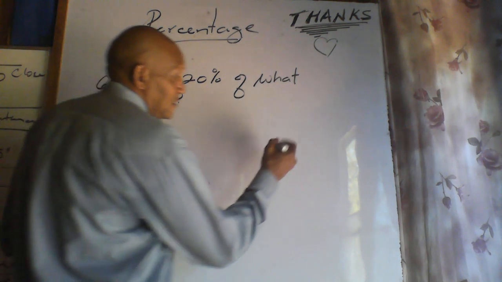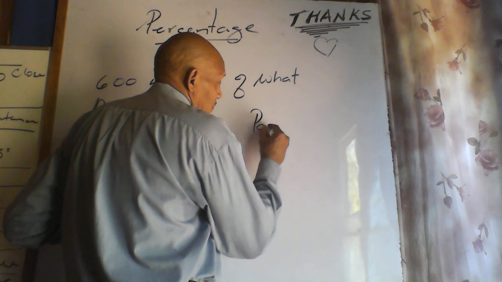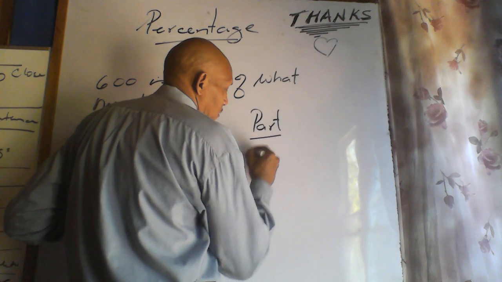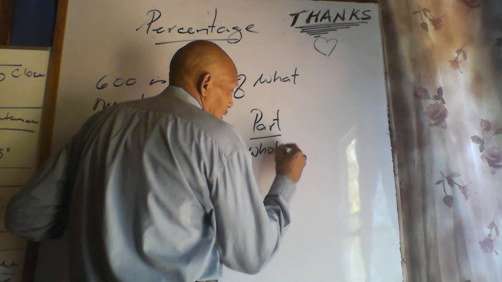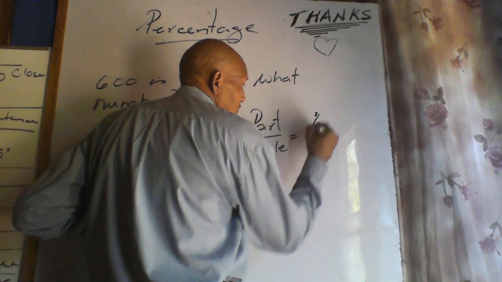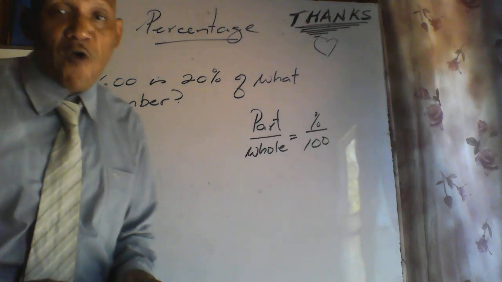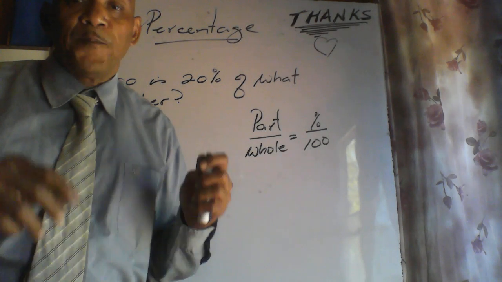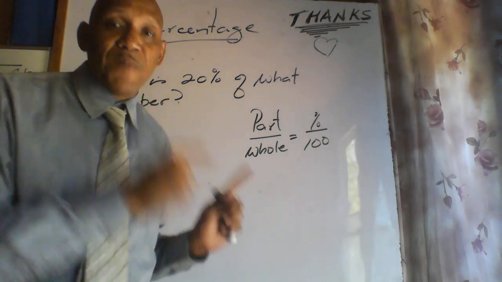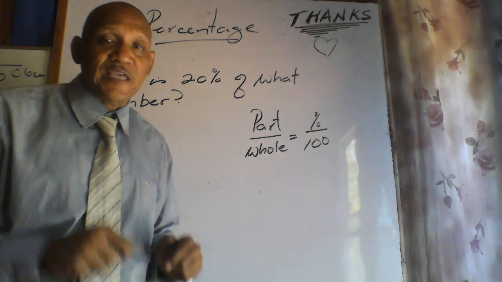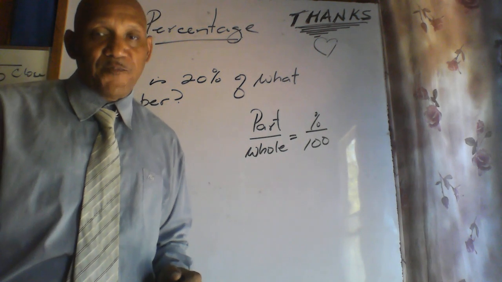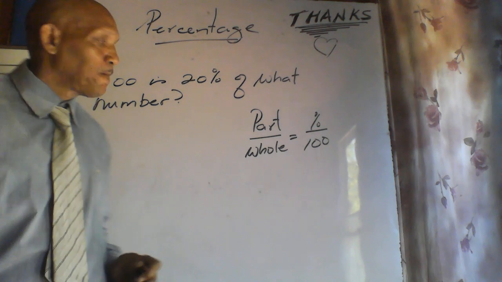What is it? Part over the whole is equal to percent over 100. That is my formula for my proportional percentage setup. Please remember it. Please learn it. Please apply it. You'll get the problem right every time.